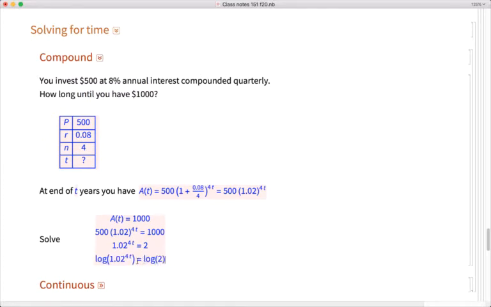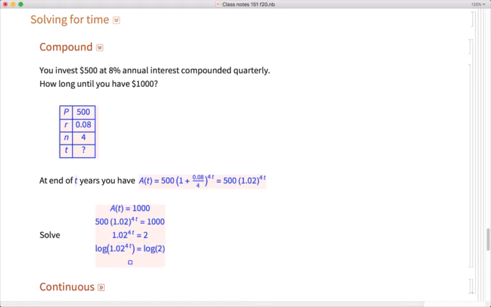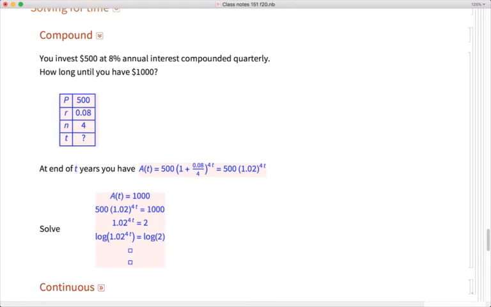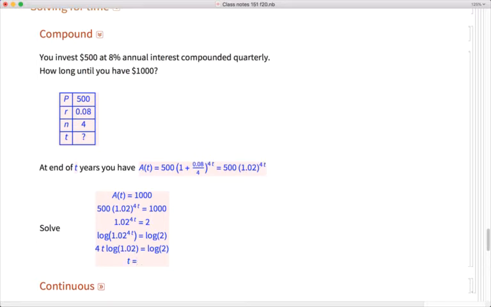So on the left-hand side, we have to use the exponent law to bring the 4t out in front. On the right-hand side, we just have to be content with the constant looking the way it does, and then we divide through to solve for t.